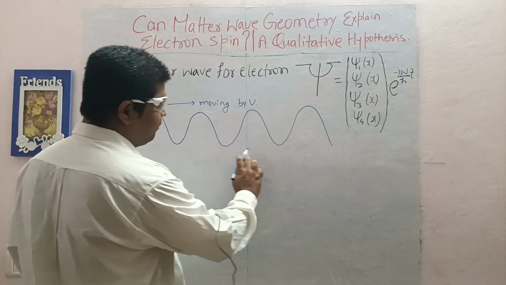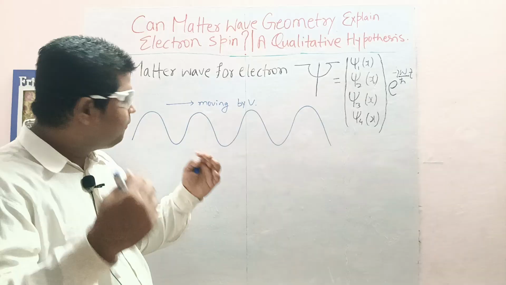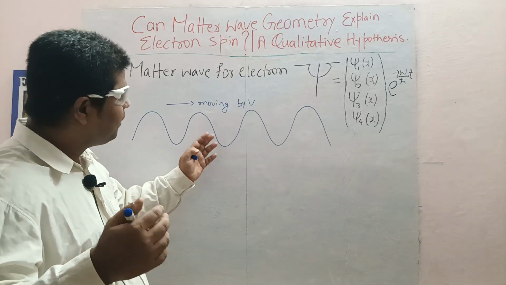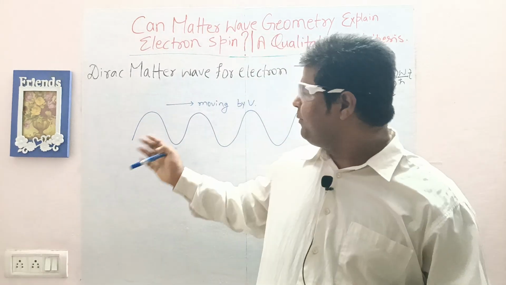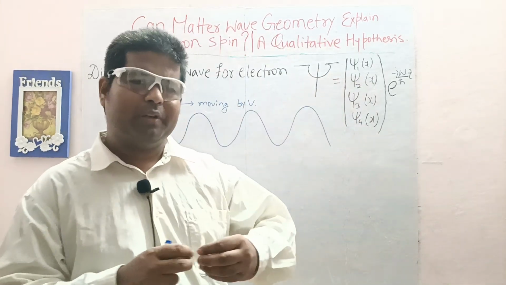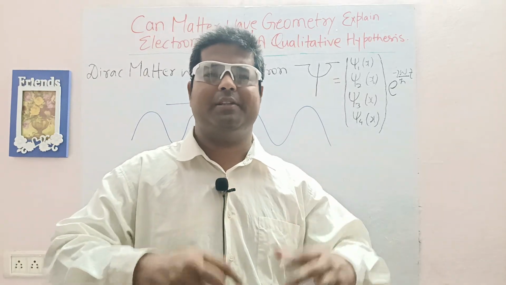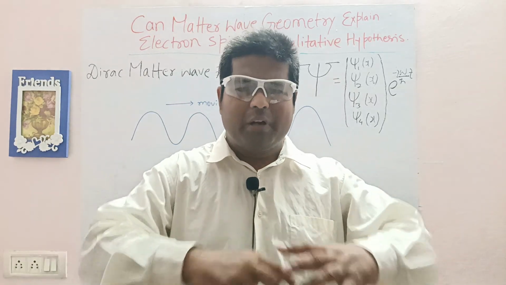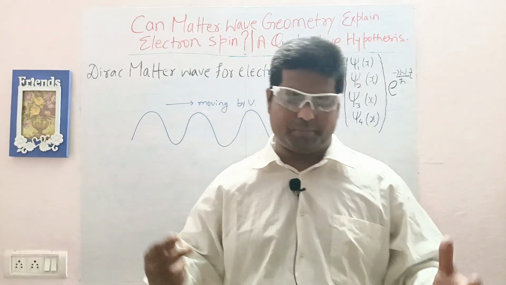This is a matter wave, a complex matter wave, which is used to represent a free electron. As we know, the free electron's complex matter wave has no definite shape inside. It looks like the free electron in a wave format has spread throughout the infinite region, infinite vast space.